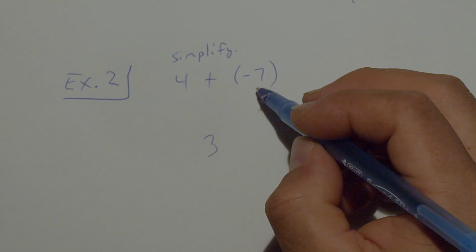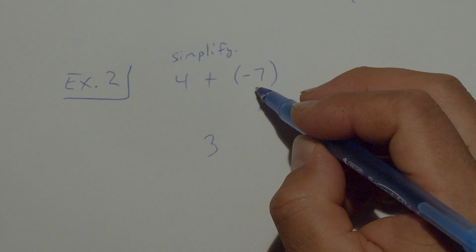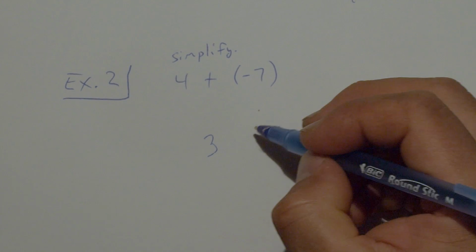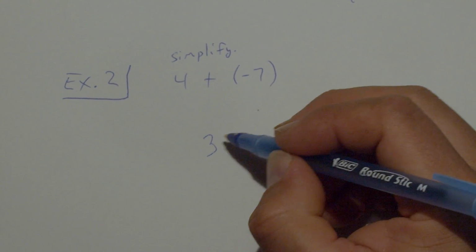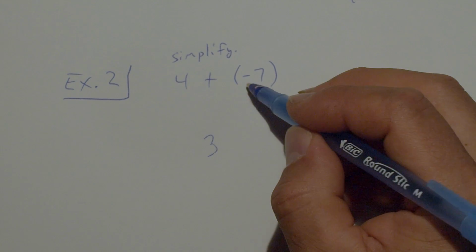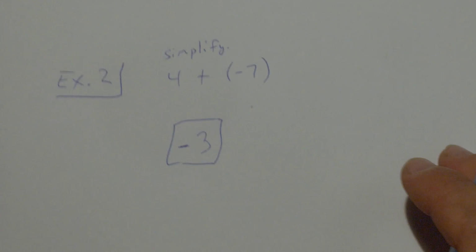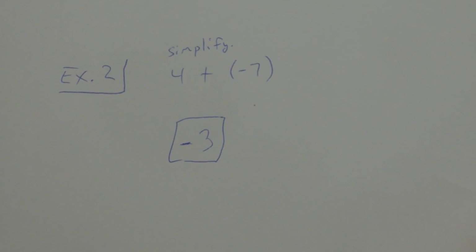And it looks like evil wins this time, right? The negatives win. There's more negatives. So I'm going to keep the sign of the number with the bigger absolute value. This has an absolute value of 7, which is bigger than 4, and it's negative. So therefore, -3, that's the answer there. All right, so there is example 2.